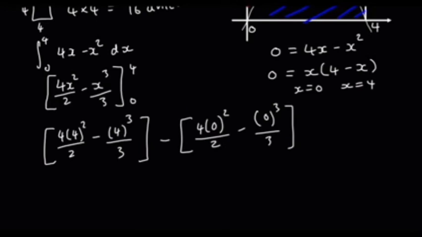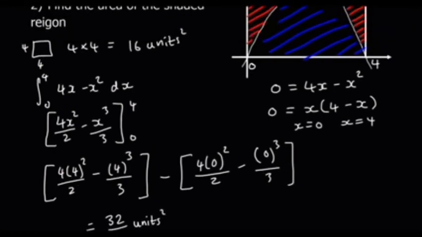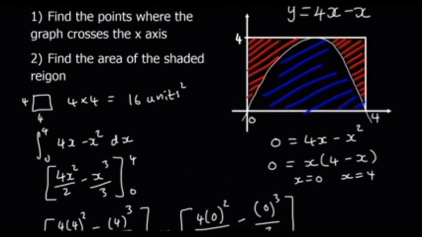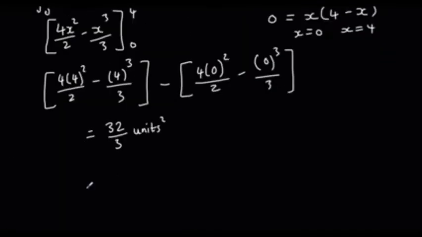So we type it in the calculator, so that gives us 32 over 3 units squared. But that's the blue area, remember? So the shaded region is going to be 16 minus that answer, which is 16 over 3 units squared.